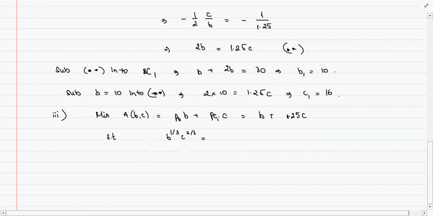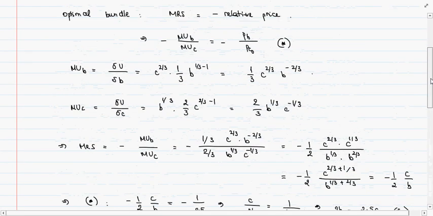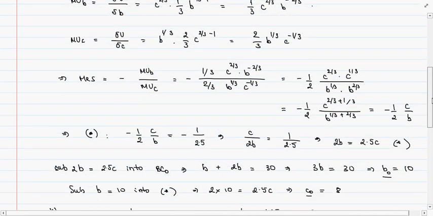Okay, so subject to the fact that we want the utility level to be equal to U0, and U0 is just going to be found by substituting B0 and C0 into our utility function. Okay, so we know that B0 equal to 10 and C0 is 8.